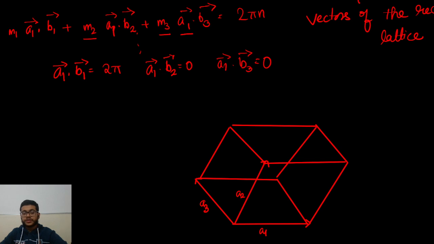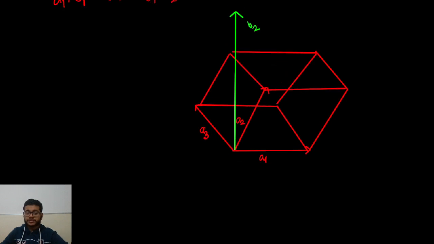Now we intend to make a vector which gives dot product 0 with both a1 and a3, but dot product 2 pi when multiplied with a2. So we take the perpendicular to a1 and a3 and name it b2. We choose its magnitude such that when we dot it with a2, it gives 2 pi. This is an ansatz kind of thing.